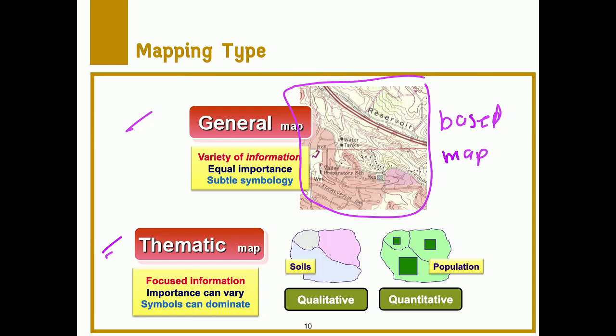For the qualitative, you can see that there is nominal data, right? Nominal data means the data in the attribute table will be characters. For characters, we cannot compare them to each other, but we can categorize them into each type of the data. If we want to design the qualitative map, we can design the color that can categorize them in each category. For example, you have the Thailand region.